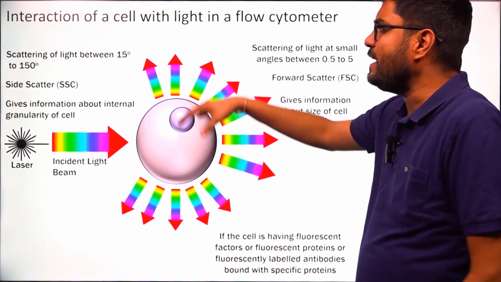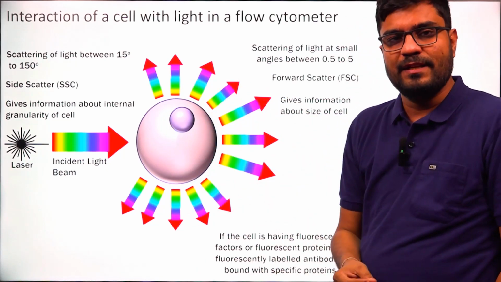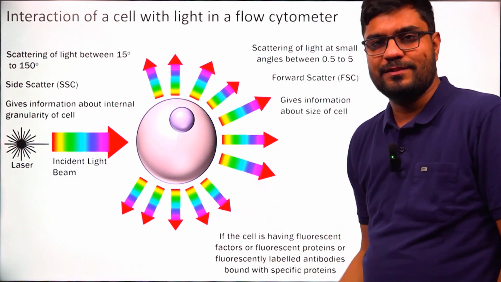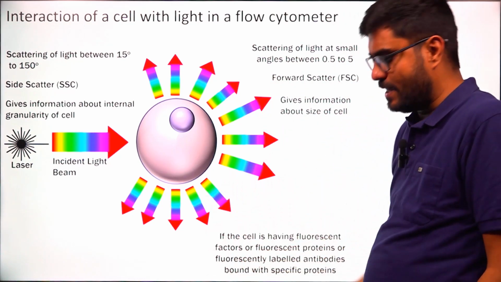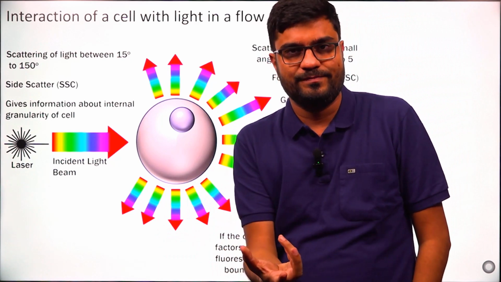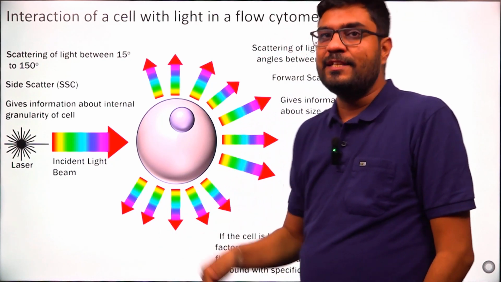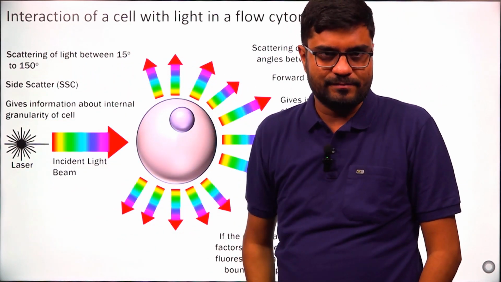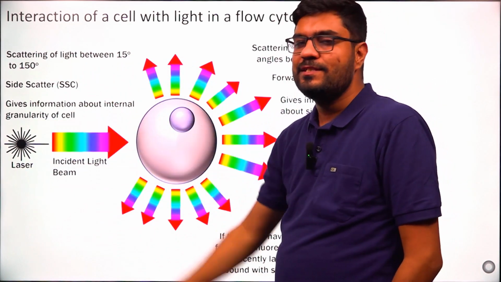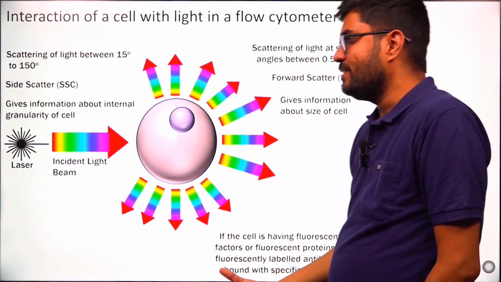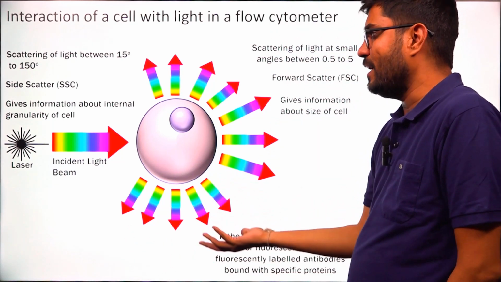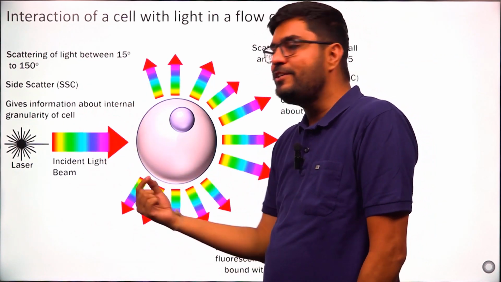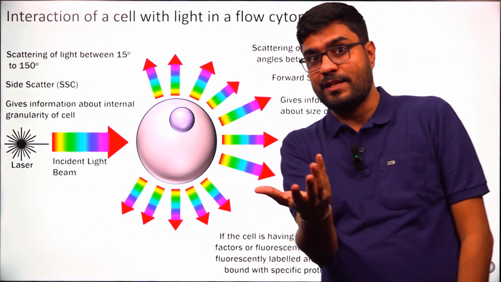Now, some of the light can enter inside the cell and it will be scattered by the organelles, by the biomolecules, or you can say by the granules of the cells. This kind of scattering is between 15 degrees to 150 degrees, and we call it what? Side scatter, or SSC. And we already know now that the value of SSC is giving us information about the internal granularity of the cell.